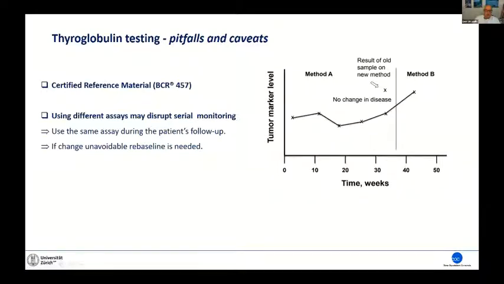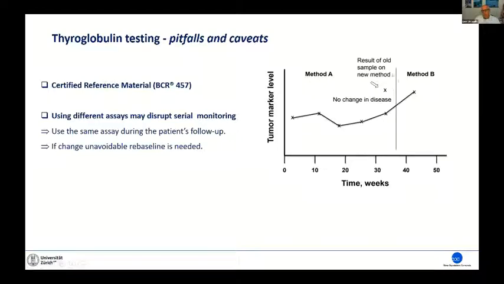So it is highly suggested to use the same assays during the patient follow-up, but when a change cannot be avoided, a rebaseline is needed. That means to measure the serum thyroglobulin with the old and the new method simultaneously on the same sample, and then to take this value as the baseline for the next follow-up.